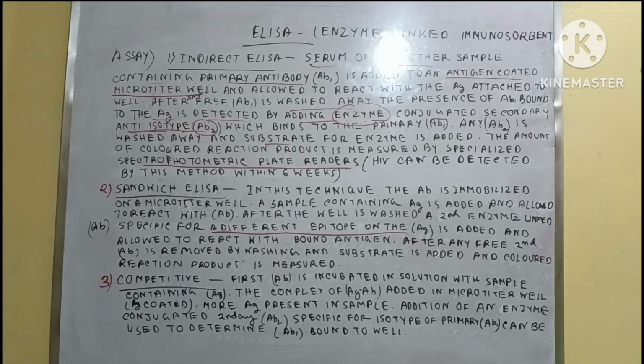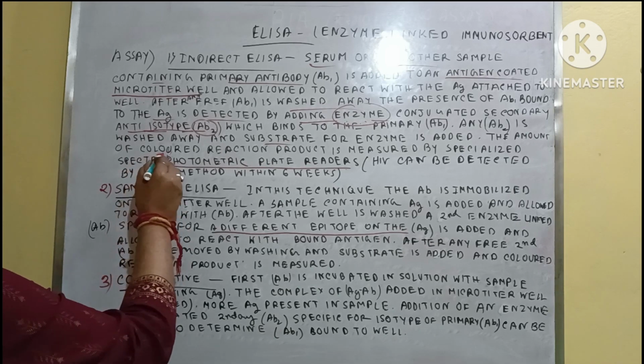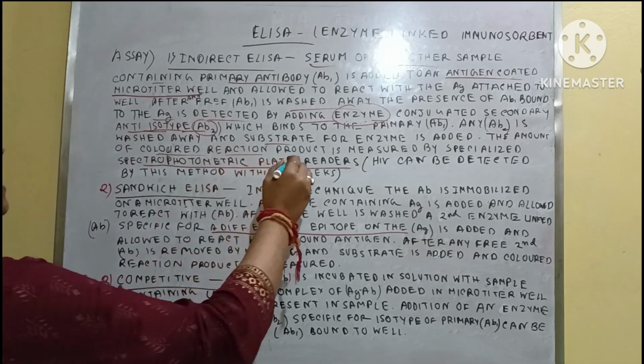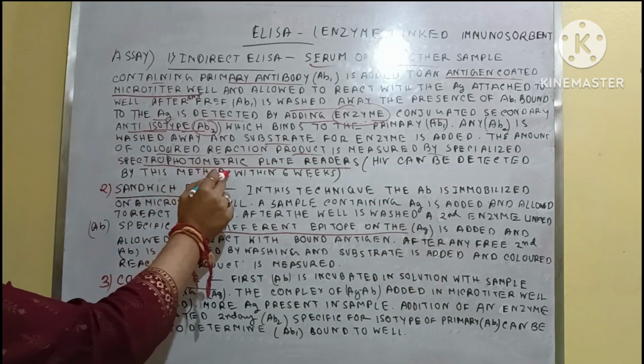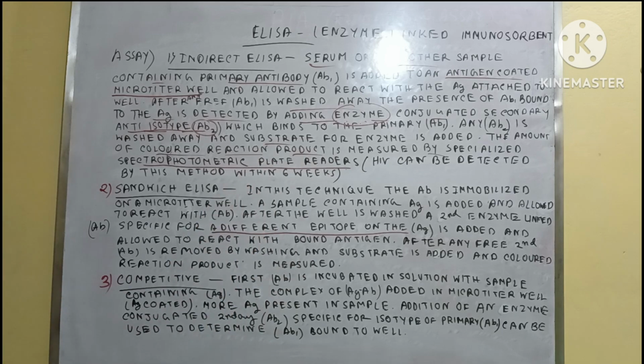The colored product is measured by specialized spectrophotometric plate readers.